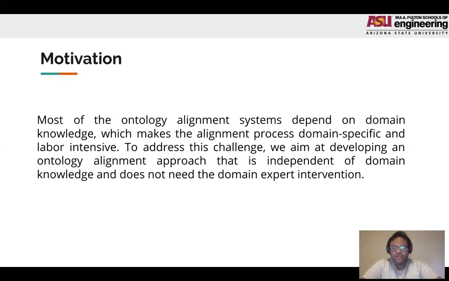It highly depends on the domain experts, how they are writing the rules and how they are creating the similarities between the different entities present in the ontology. This is very labor intensive and not cheap. So our aim is to see whether we can create a pipeline or tool which can do ontology alignment independent of domain knowledge or any domain expert intervention.